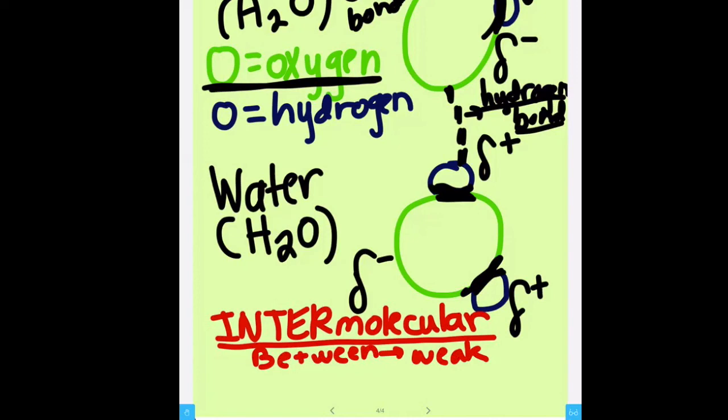So the hydrogen bond, which is happening between the molecules, this is the hydrogen bond that I wrote in red. The hydrogen bond, which is happening between one water molecule and another water molecule, is an intermolecular bond, or an intermolecular force.